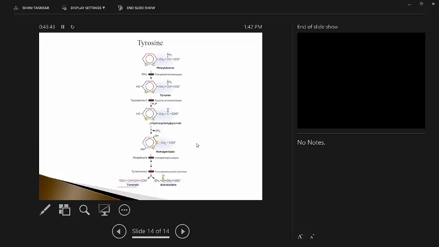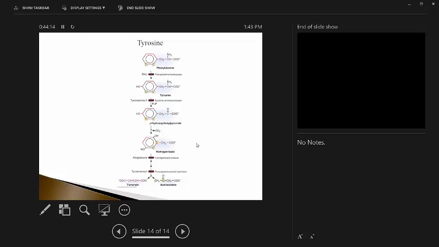This is going to be relatively easy because we've looked at this same pathway already, and we talked about homogentisic acid, alkaptonuria, and we've done all of that. So this is really looking at tyrosine. Tyrosine is not an essential amino acid; it's made from phenylalanine by phenylalanine hydroxylase. What's the major cofactor?